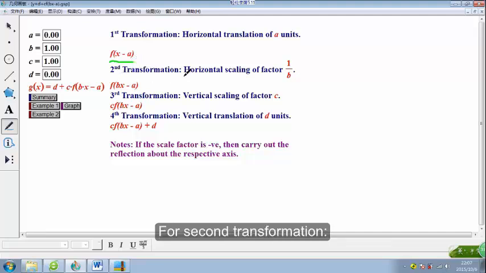The second transformation, horizontal scaling of factor 1 over d, we obtain y equals f(d x minus a). Third transformation, vertical scaling of factor c, we obtain y equals c f(d x minus a). And fourth transformation, vertical translation of b units, we obtain y equals c f(d x minus a) plus b.